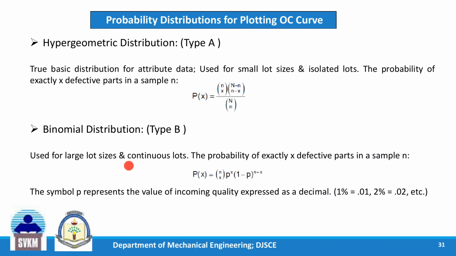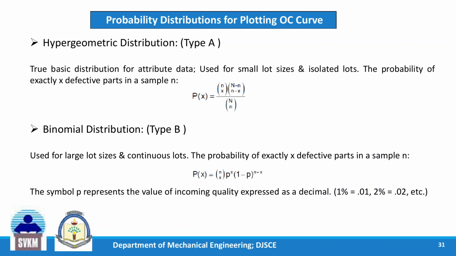Although the lot size there may be in thousands, 2000s or 5000s, actually the lots are taken from the running process, so it is as good as the lot size being infinite. So the probability of exactly x defective parts in such a process is given by the binomial distribution, which is equal to nCx times p raised to x times (1 minus p) raised to n minus x.